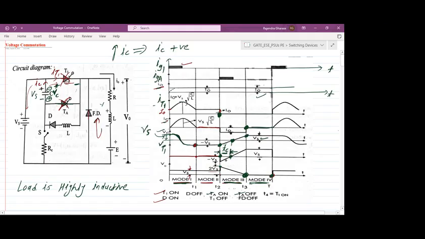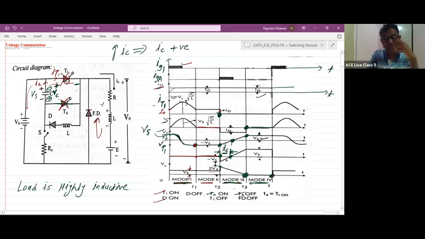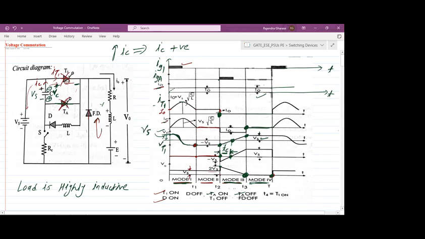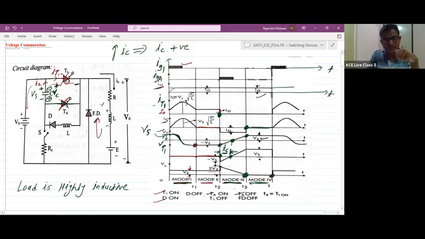Now during TC, can I replace that IC with I0? Next, during TC, dVC means the change in the capacitor voltage. This is the capacitor voltage, which is changing from minus Vs to zero. So the change in capacitor voltage is the final value minus the initial value, that is zero minus of minus Vs, so it is Vs only.